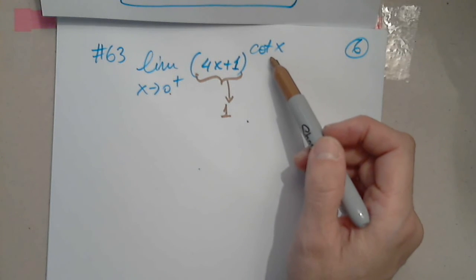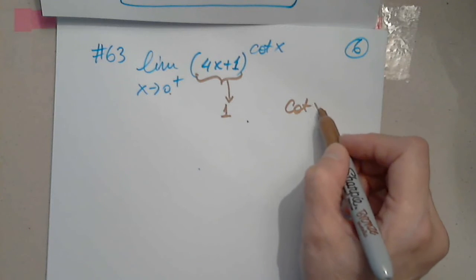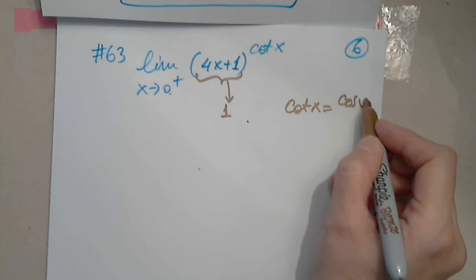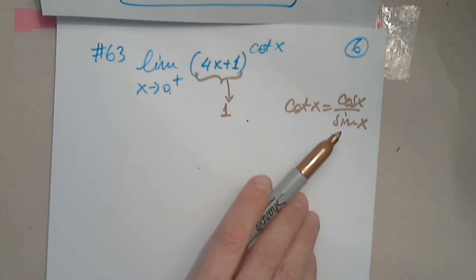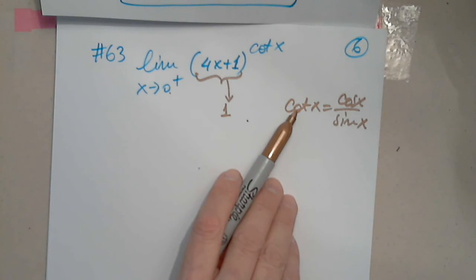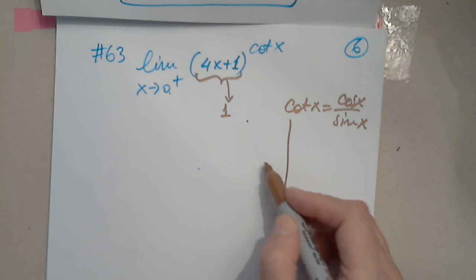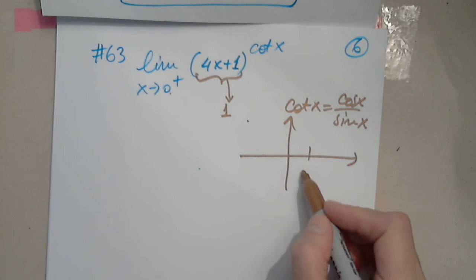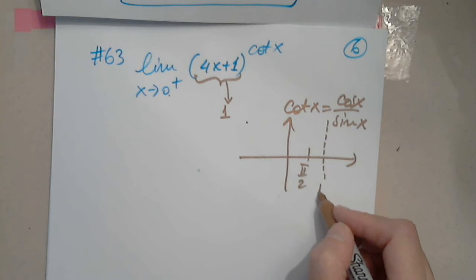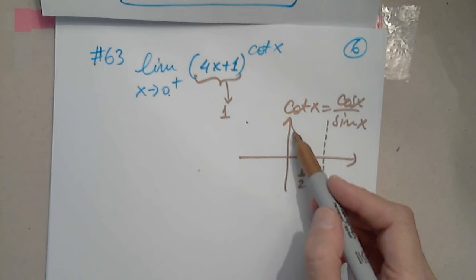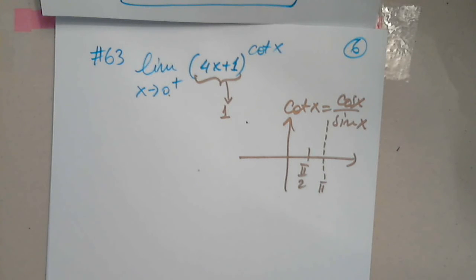And cotangent, remember cotangent, a side note, is cosine over sine. So at 0, sine is 0, so this is undefined. So the graph of cotangent is this.